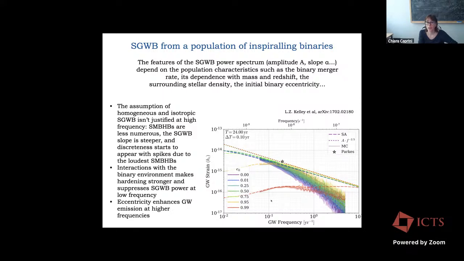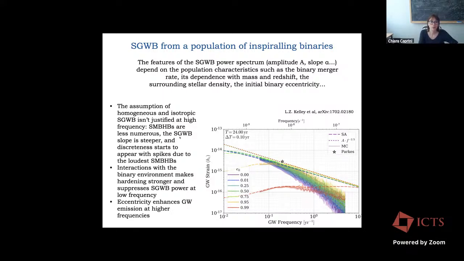And then you see how different factors can actually influence this spectrum and make it very different from what this vanilla expectation or prediction is.